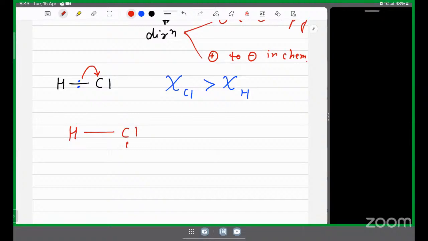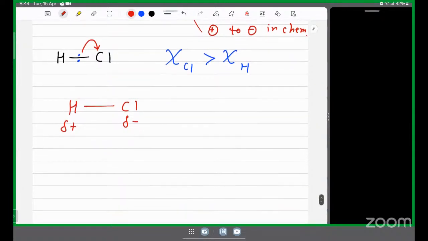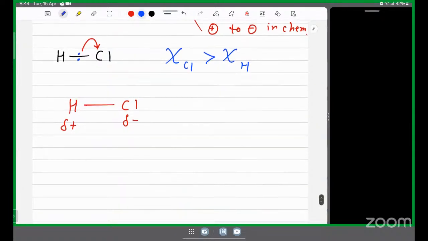Chlorine atom will have del minus, hydrogen will have del plus. Due to the partial positive and negative charge, there will be a dipole in the HCl molecule. The direction of dipole will be, in chemistry, positive to negative, from H to Cl.